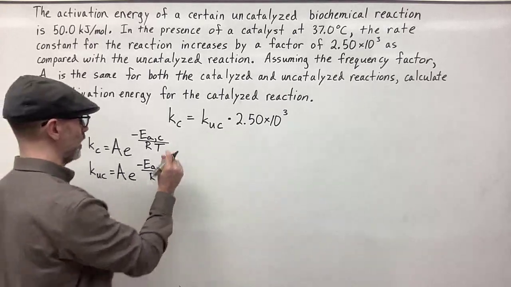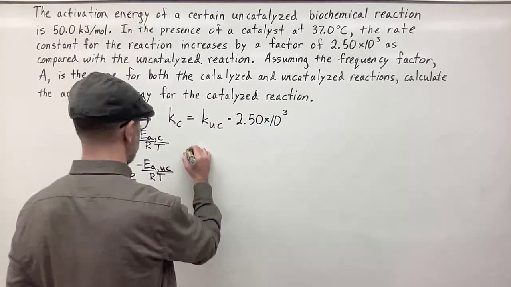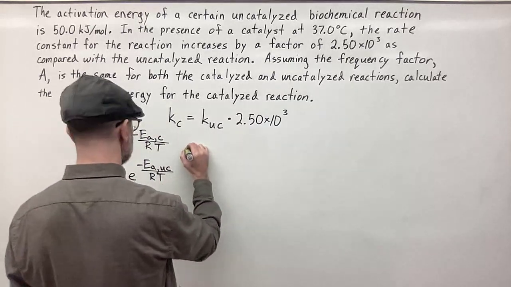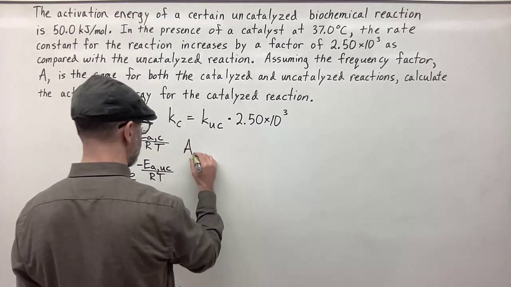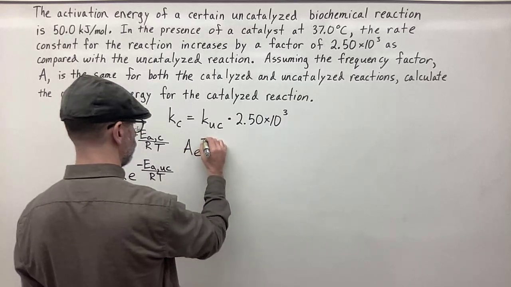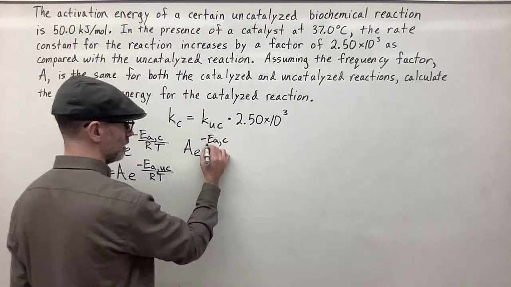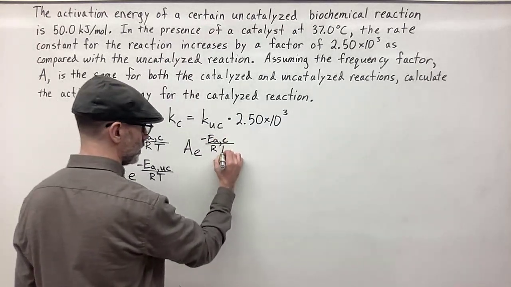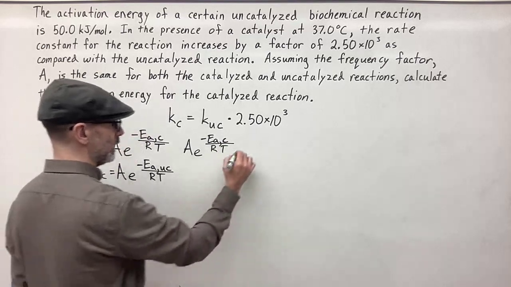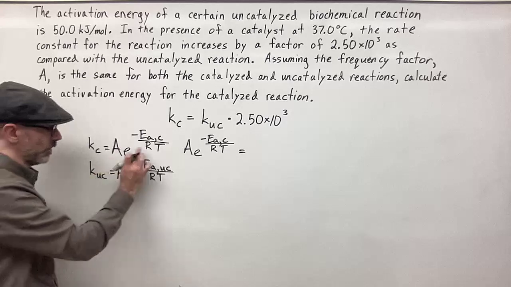Okay, now we can plug these into our equation here. So let's go ahead and do that. For K catalyzed, we'll substitute this. So here we have A times E raised to the power of the negative activation energy of the catalyzed divided by RT, equal to, and now we have K UC here, we'll replace that with this.